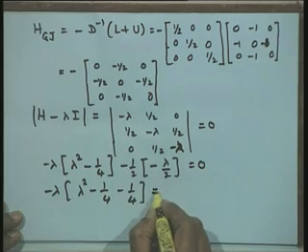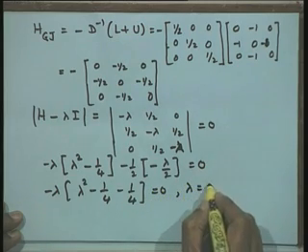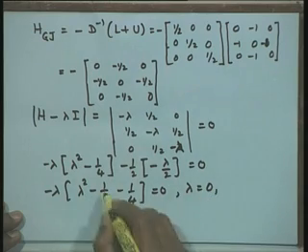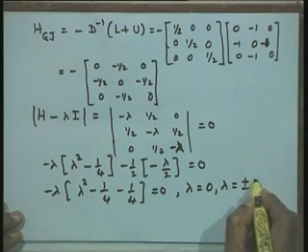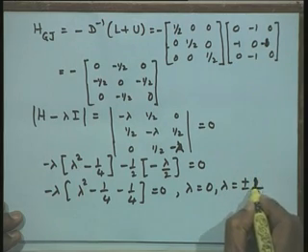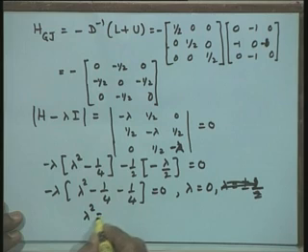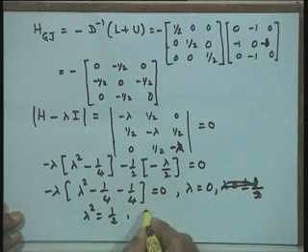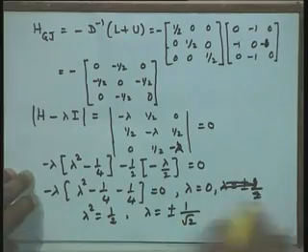Therefore, the values are lambda is 0, and lambda square is 1 by 2, so the three roots are lambda equal to 0 and lambda equal to plus minus 1 upon root 2.